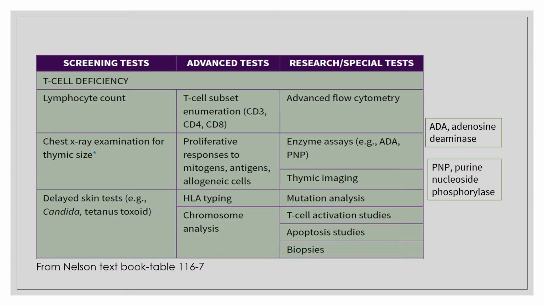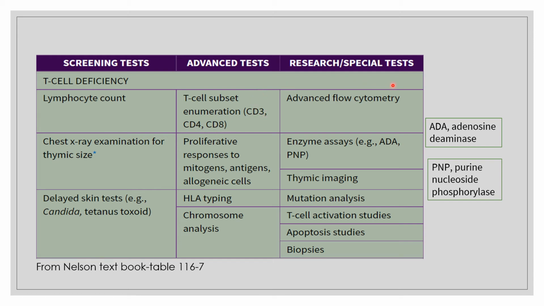For the T cell deficiency, we can do these tests as a screening. We can do lymphocyte count, chest X-ray examination for thymic size, and delayed skin tests like Candida and tetanus toxoid. For the lymphocyte count, the advanced test is T cell subset enumeration, CD3, CD4, and CD8.